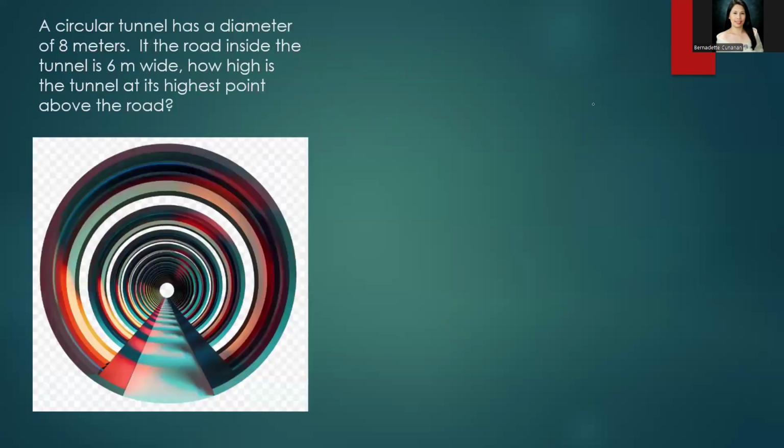Okay, another problem has something to do with a circular tunnel, which has a diameter of 8 meters. If the road inside the tunnel is 6 meters wide, how high is the tunnel at its highest point above the road? So we have to first visualize the problem.